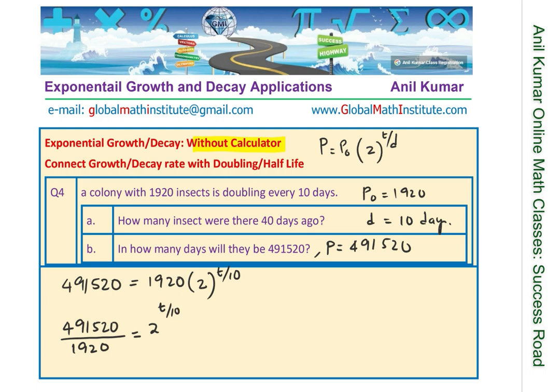So we need to simplify this, and it's without a calculator, otherwise it would be very simple. So you can cancel these zeros first and then divide continuously by 2, 4, 8, whatever. So let's divide them by 8, for example. 8 times 2 is 16, and 32 means 8 times 4.